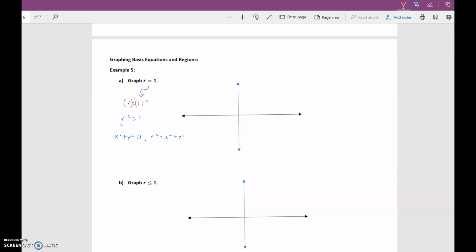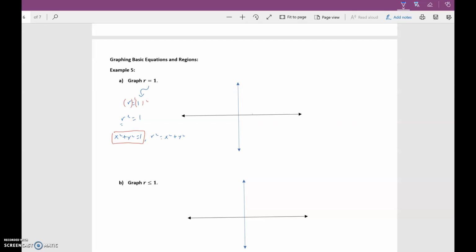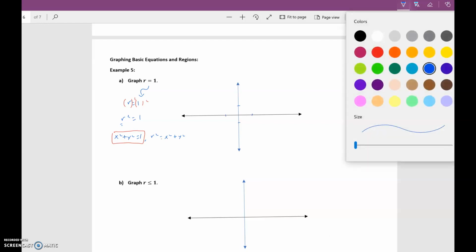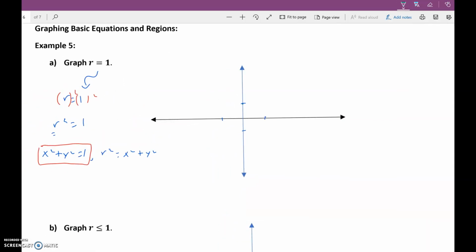I just wanted to emphasize that r is equal to 1 represents a circle of radius 1. So not to scale, this is 1. And then I'm just going to try to draw a circle as best as I can. As long as it appears to be a circle, that would be fine.